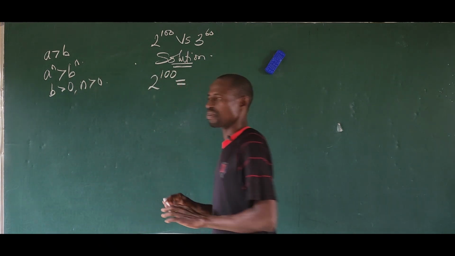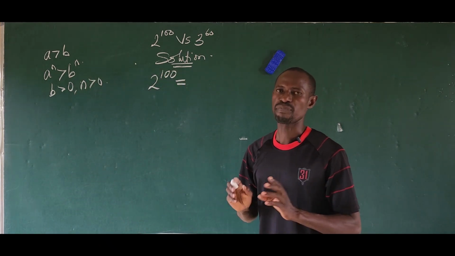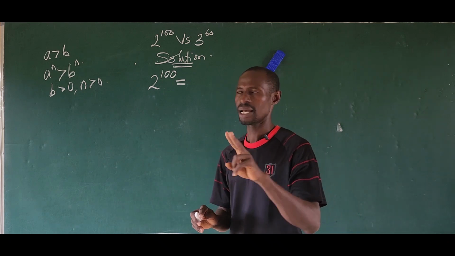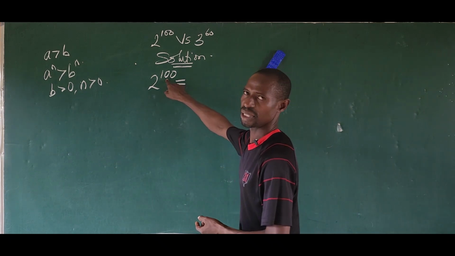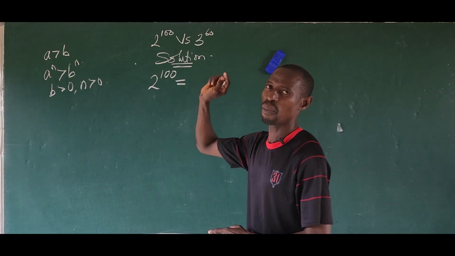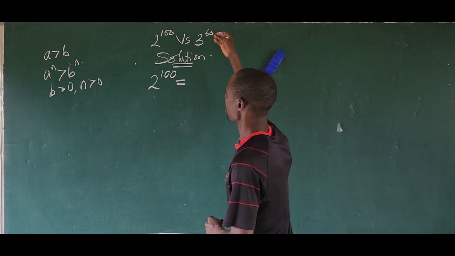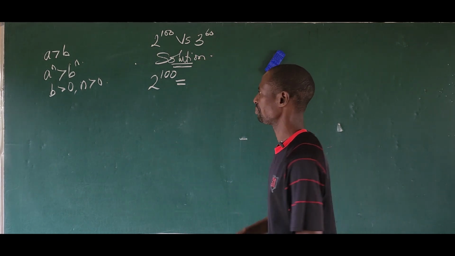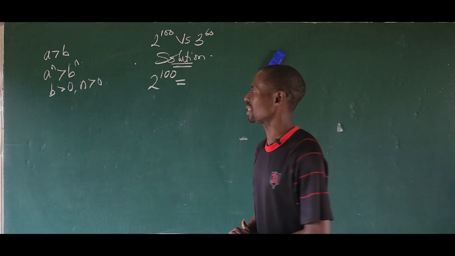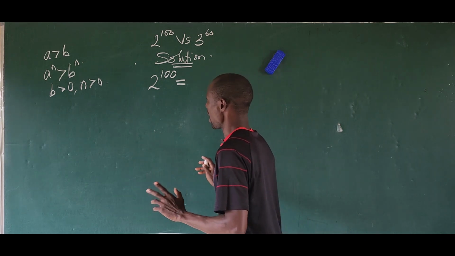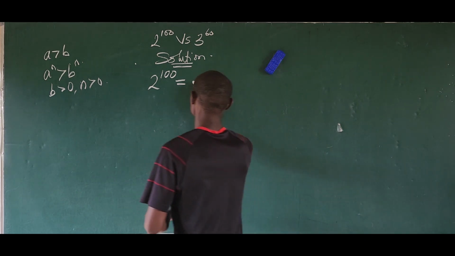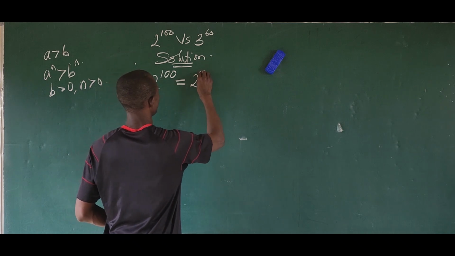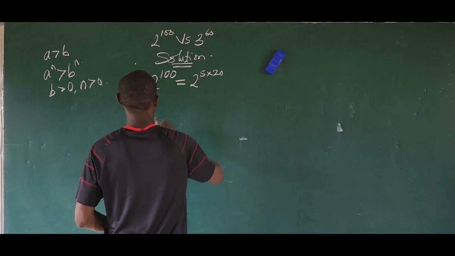We want to express 100 as a product of two numbers that when multiplied together will give 100, and from one of the numbers, we're going to have the same thing on the other side. So 100 can be written as 5 times 20.